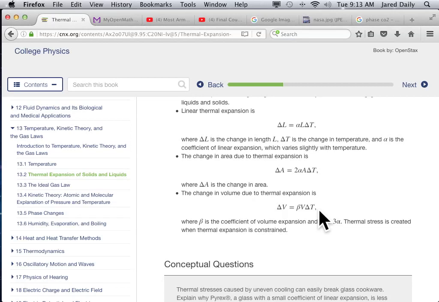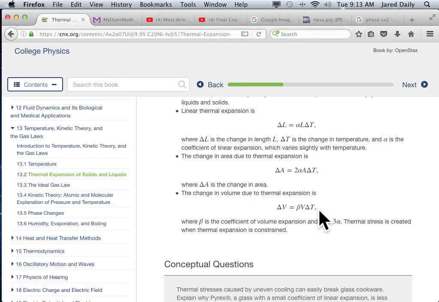If we do the math properly so that we get a good number, we get 350 times 0.00020 times 50.